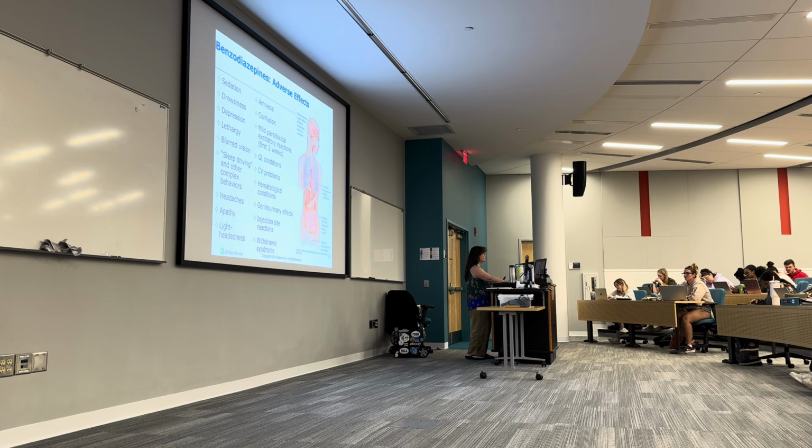Loss of libido, and changes in their sexual functioning. If it is given by injection, they can have reactions to it, and then of course withdrawals if they stop it suddenly. With the injections, they can get phlebitis and thrombosis and things like that.